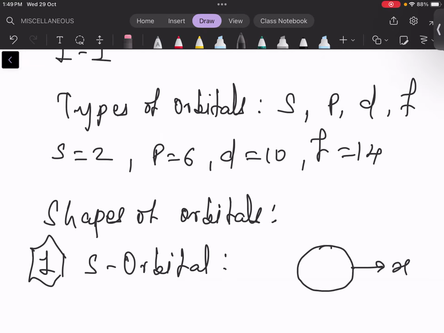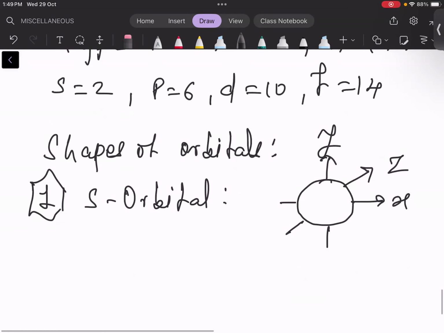So this is the x-axis, this is the y-axis, this is the z-axis.